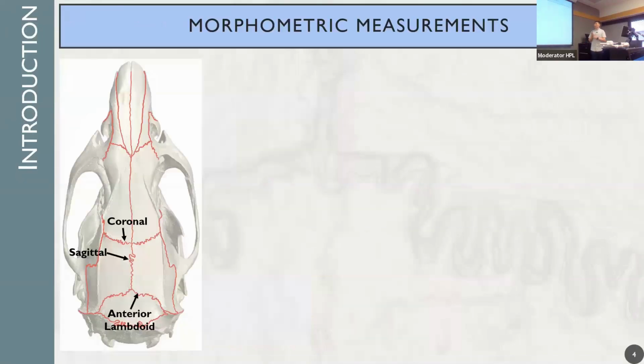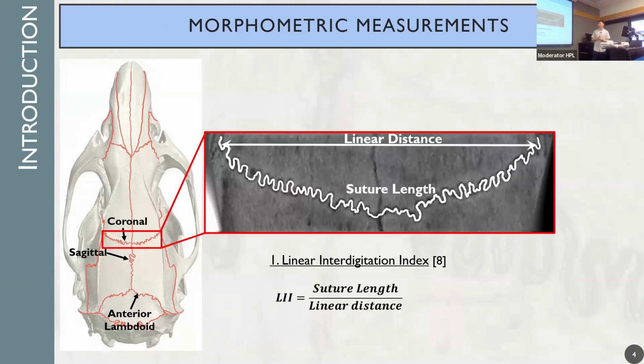Okay, so let's shift gears a bit. In order to measure the morphometry of the suture, we can use many different things, including length, width, or thickness. But in this study, I focused on two main things. The first one is the linear interdigitation index, and it represents how tortuous or complex the suture structure is.